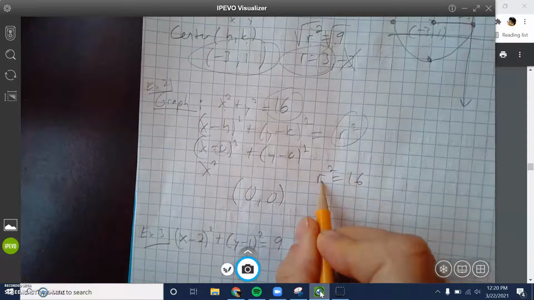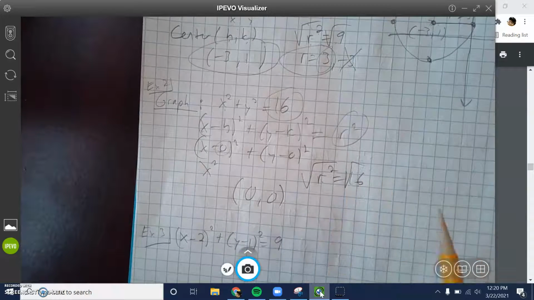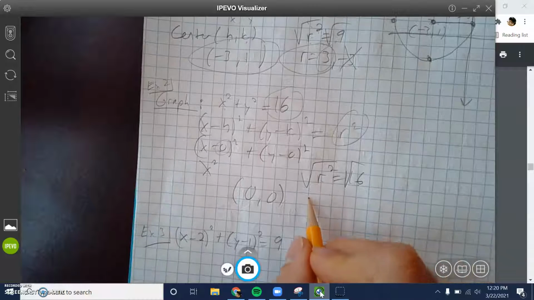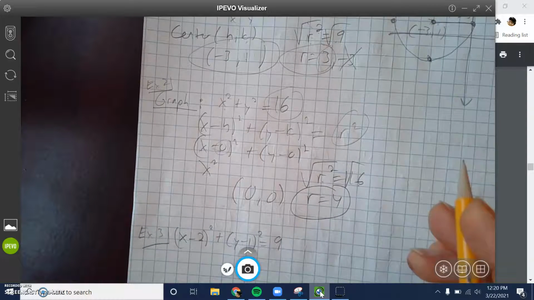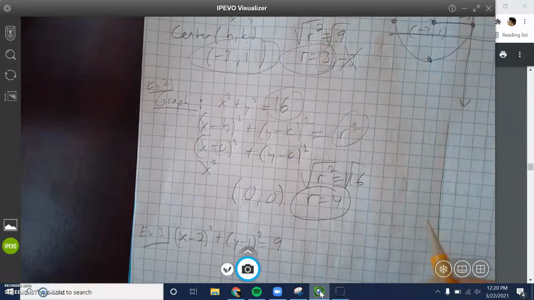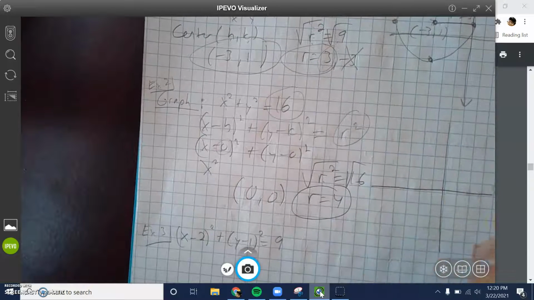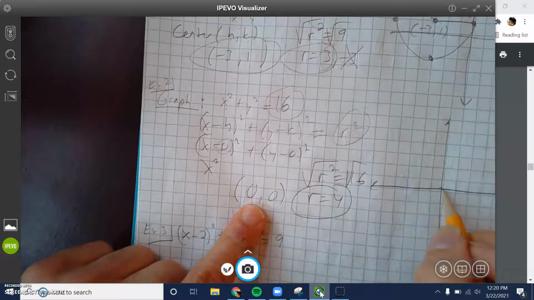So what number times itself is 16? Or the square root of 16 is what number? Yeah, that would be 4. Not doing −4 because we don't have a negative distance. We just have positive distance. Let's try it. Okay, so the center is at (0, 0).